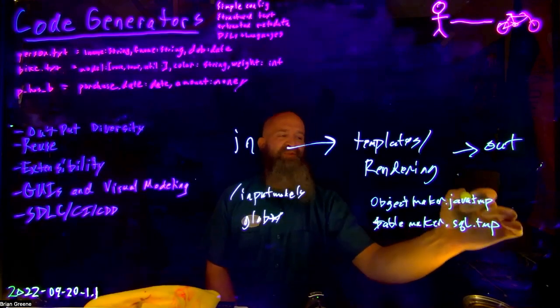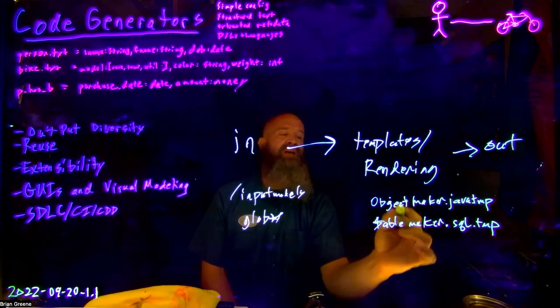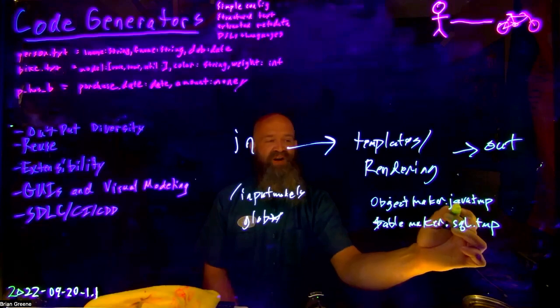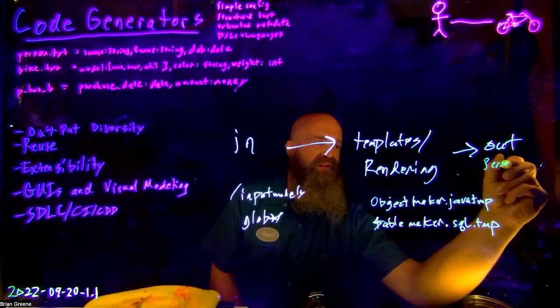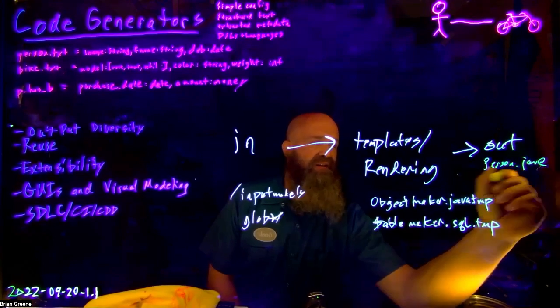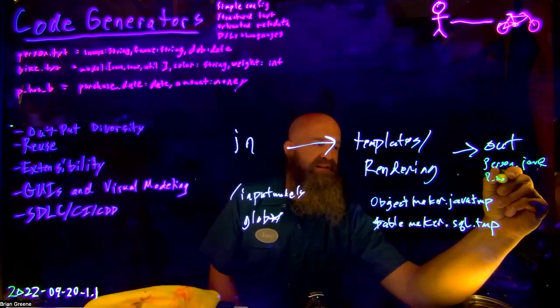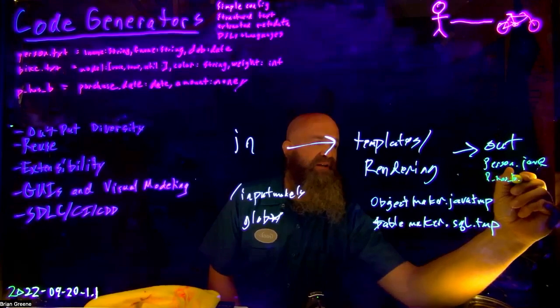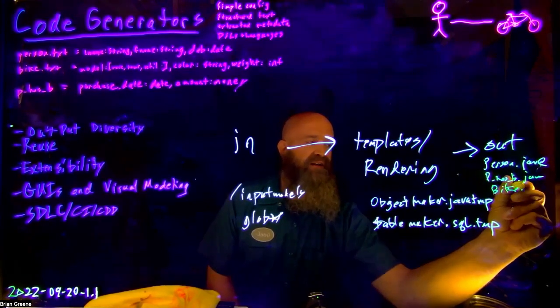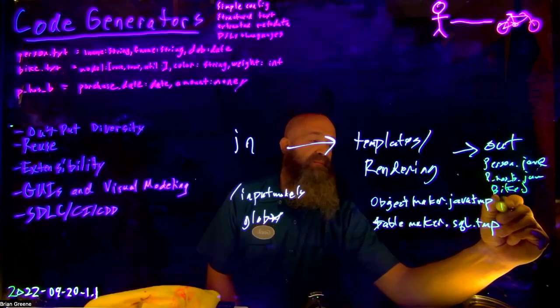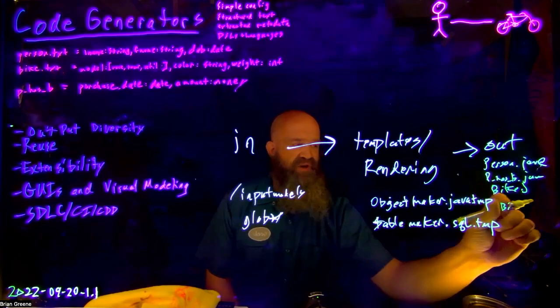Template files end with .tmp. And here's the real output file name. We're going to do some replacement. So now you get person.java, and you get P has B.java, and bike.java, and you get bike, lowercase, right?